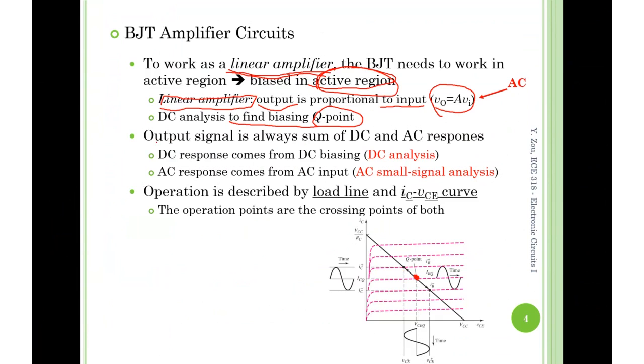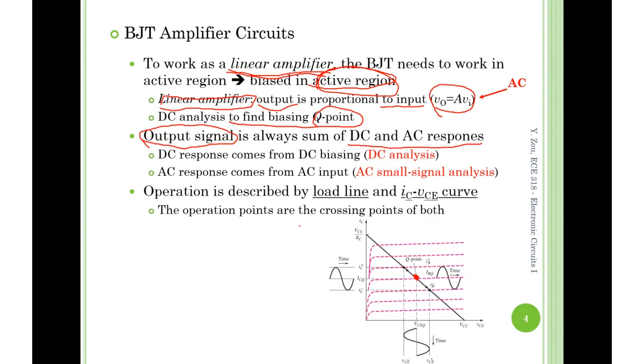And of course, if you're talking about the output signal, yes, it is the sum of DC and AC. In other words, you have an offset DC, and on top of that, you have the AC signal swinging. This is very simple because you have both the AC input and the DC supply up there, right? So your output signal is definitely the result of both, based on the superposition principle.